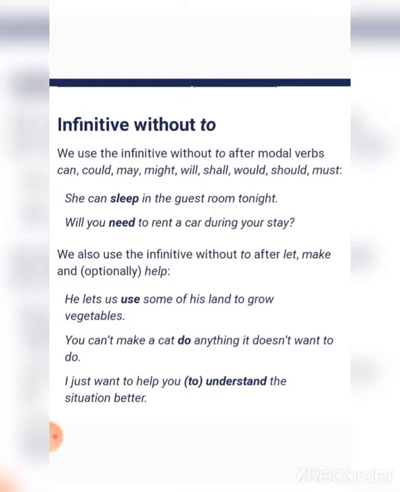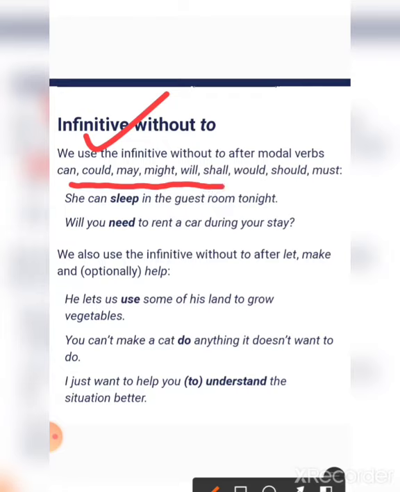These are called bare infinitives. We use this infinitive without to after the modal verbs like can, could, may, might, will, shall, would, should, must. Like, she can sleep in the guest room tonight. Will you need to rent a car during your stay?